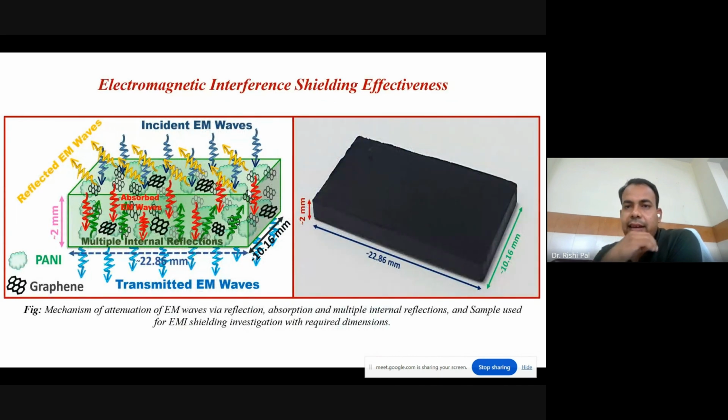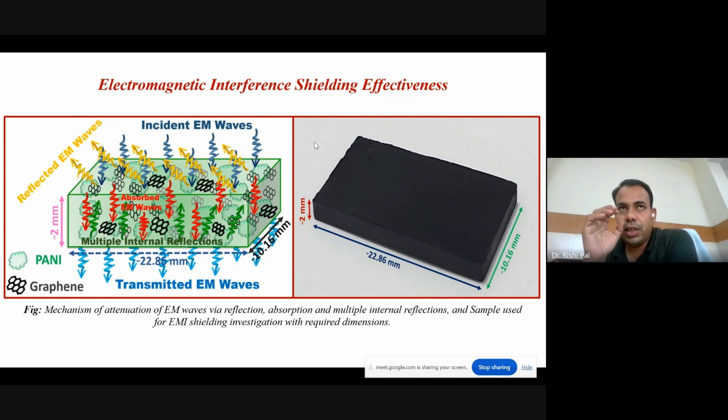So how does shielding work? What is the basic need of materials for shielding application? The material should be highly conducting, or it should be a magnetic material.